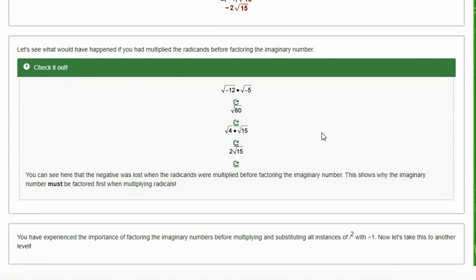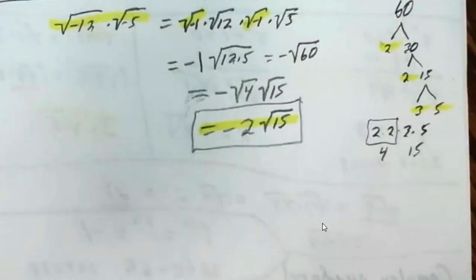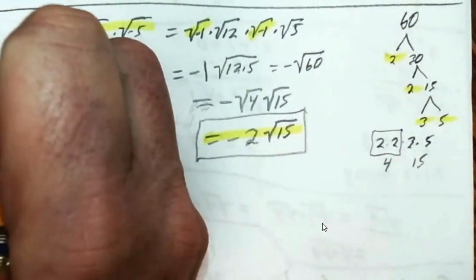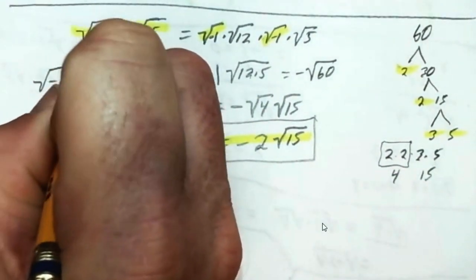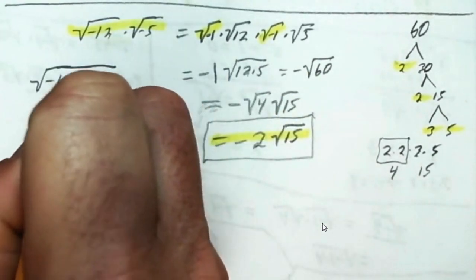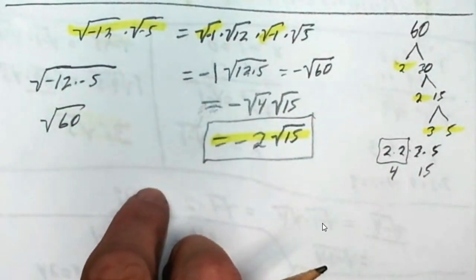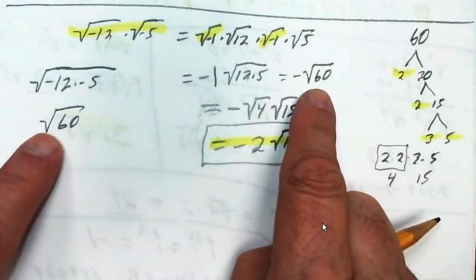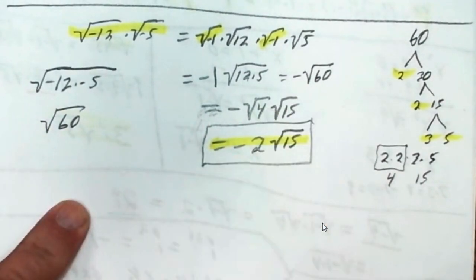You have to factor the negative 1 out first. Because if we just said, oh, well, this is the same as negative 12 times negative 5, all underneath there, that's a positive. So instead of finding negative square root of 60, we would have been using positive square root of 60, and we would have missed that right there.